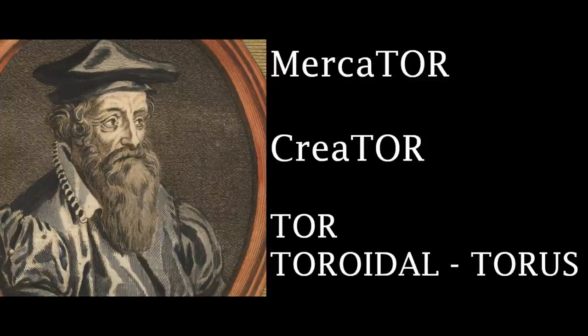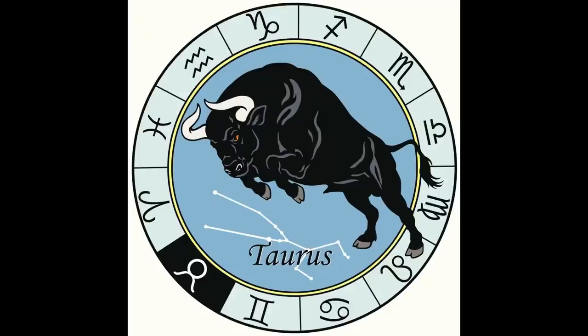The source of the toroidal magnetic field lies at the center, or the bull's eye, the bull, the torus. Do you see how they have corrupted the torus by making it synonymous with the horned animal?